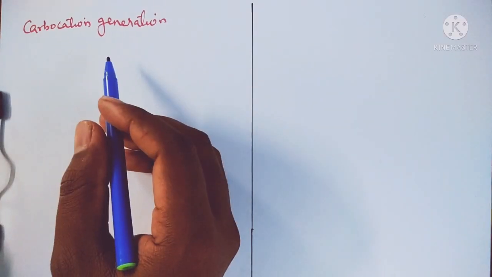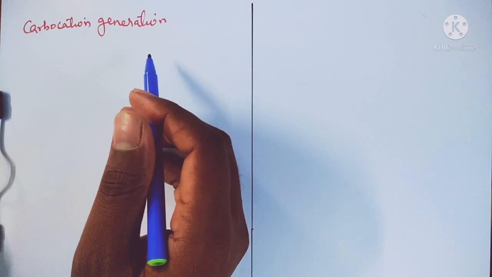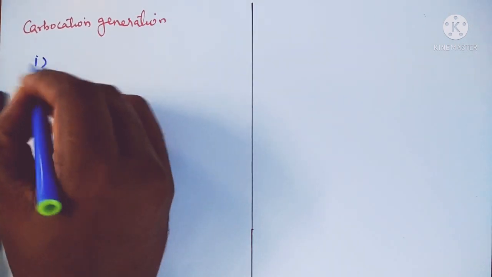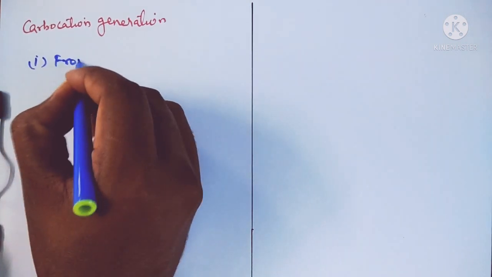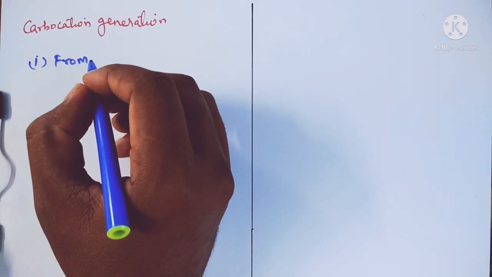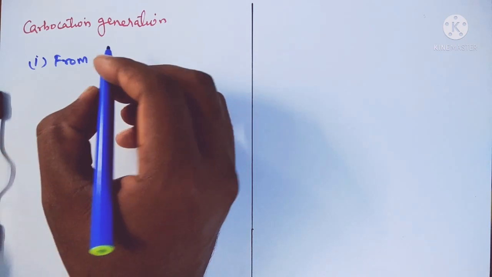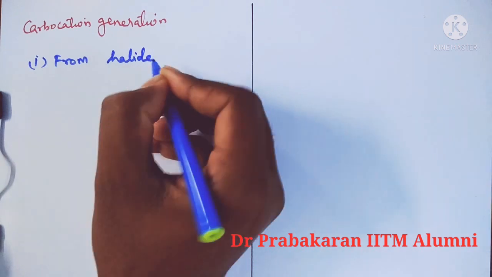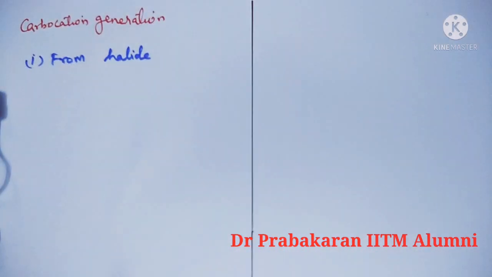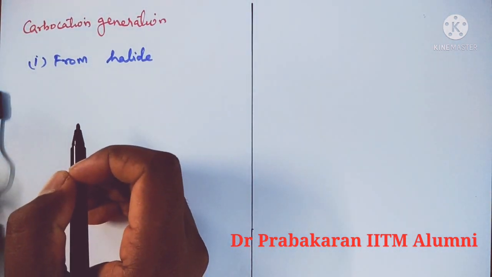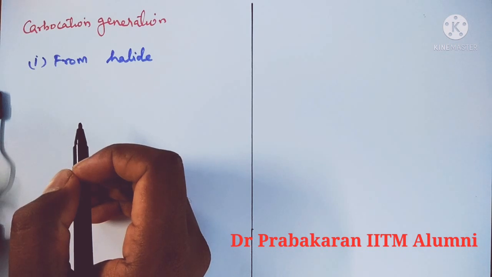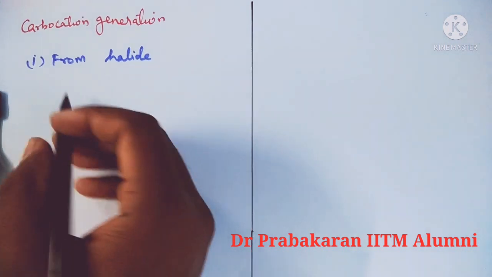There are different ways to generate the carbocation. First, from halide. Using a strongly ionizing solvent or by adding a Lewis acid such as silver ion leads to carbocation formation.